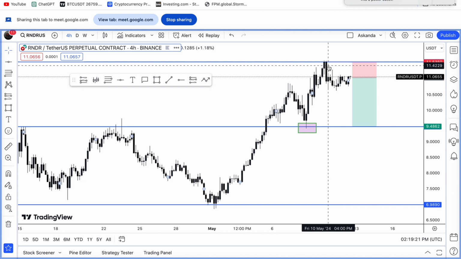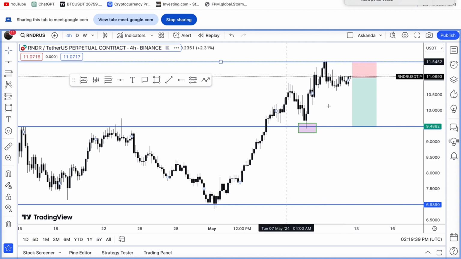A resistance can become support. The price can break through the resistance and bounce on it to become support.